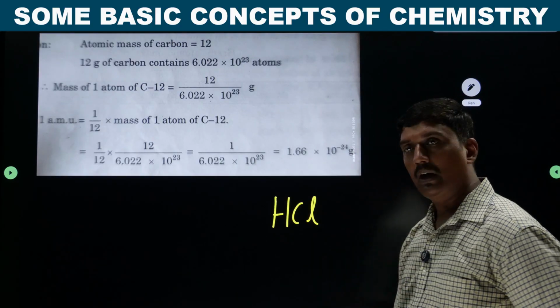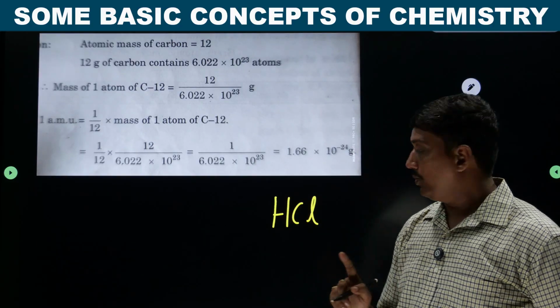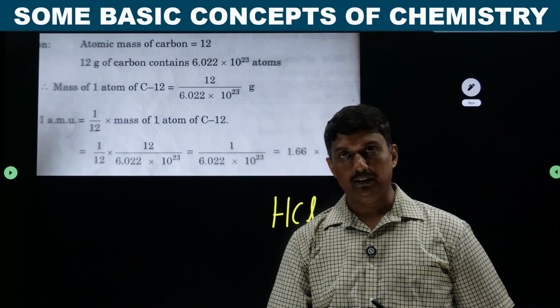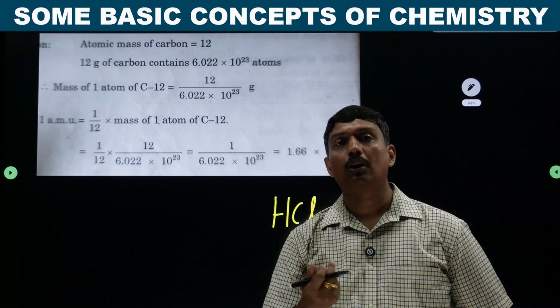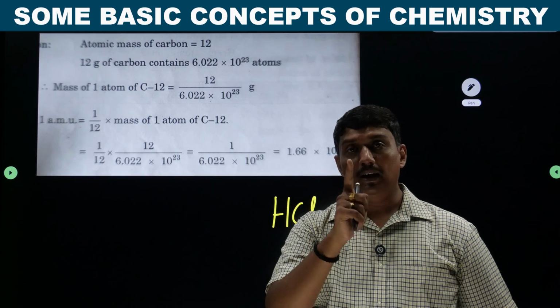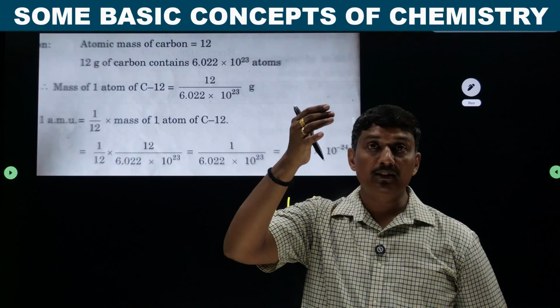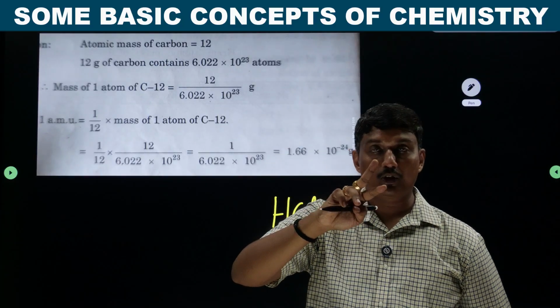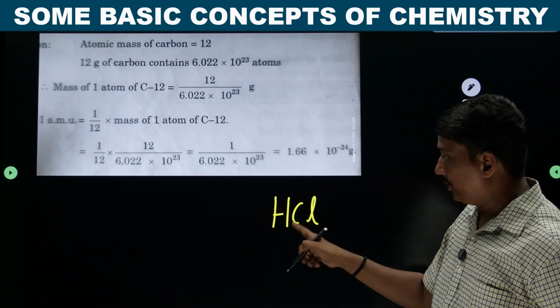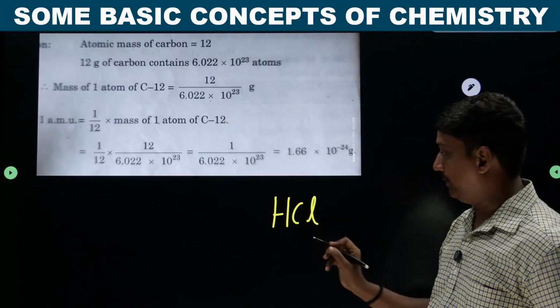One is hydrogen, another is chlorine. So, if I ask what is the molecular mass of HCl, how will we calculate? You should know the atomic masses. This is why I said to learn at least 30 elements, their atomic numbers and mass numbers, because if you know that, you can calculate very easily.